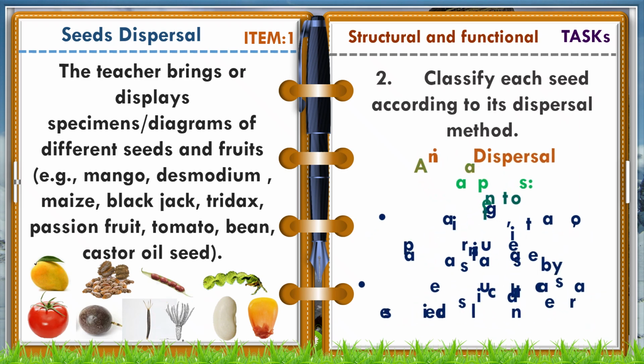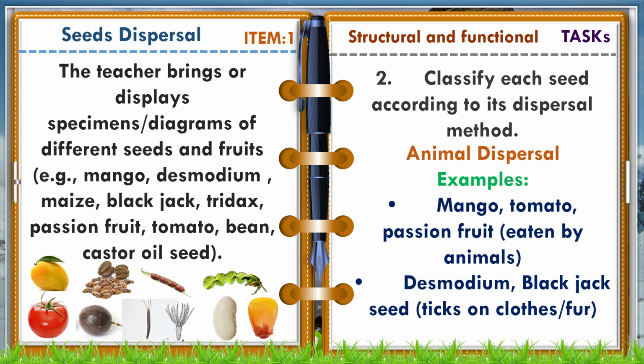Now, let us go to animal dispersal. One, to classify seeds that are dispersed by animal, the examples that we have are the mango, tomato, passion fruit.